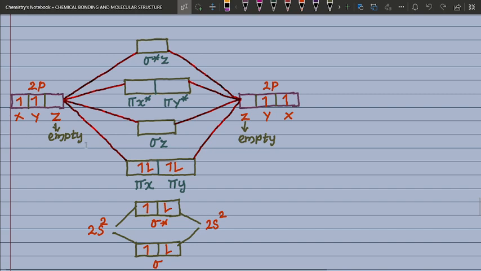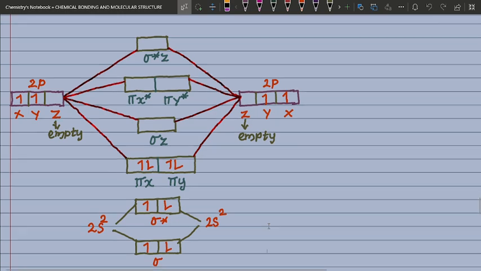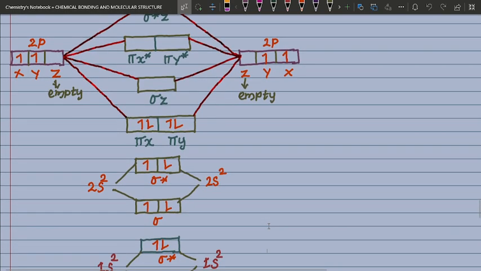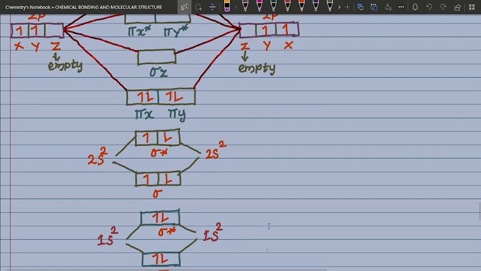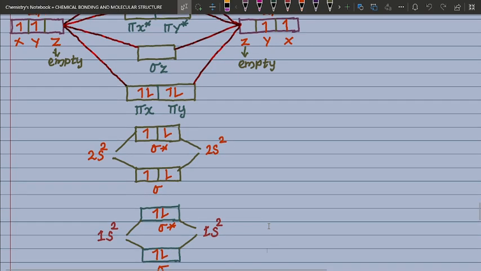It is going to jump here. These 2 also are going to jump here. So this is pi x, pi y. We already saw sigma bond, pi star and sigma star. If you have any confusion, see our videos from the first lesson of the chapter.